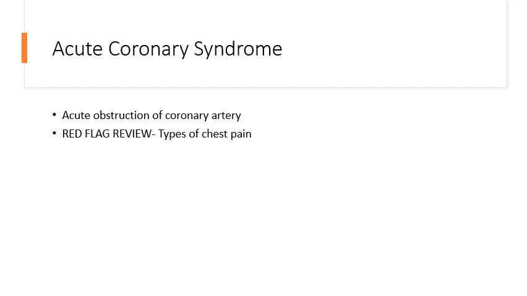So red flag review, look at the types of chest pain that get discussed. The red flag section in your chapter on this talks about the different types of cardiac chest pain.